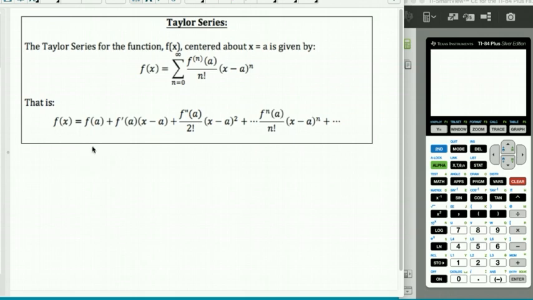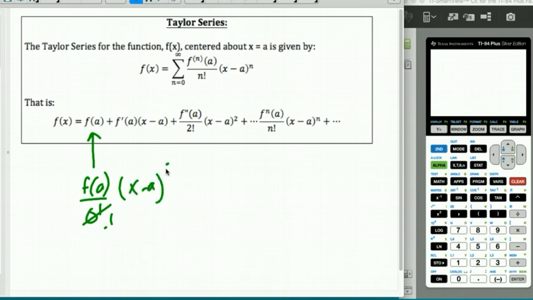So what that ends up looking like is the first term is just the 0th derivative, which would mean don't differentiate at all, right? So just the function evaluated at a. The reason it looks like this is f of a over 0 factorial, which is a 1, right, times x minus a to the 0, which is also a 1, which is why it just ends up being f of a.